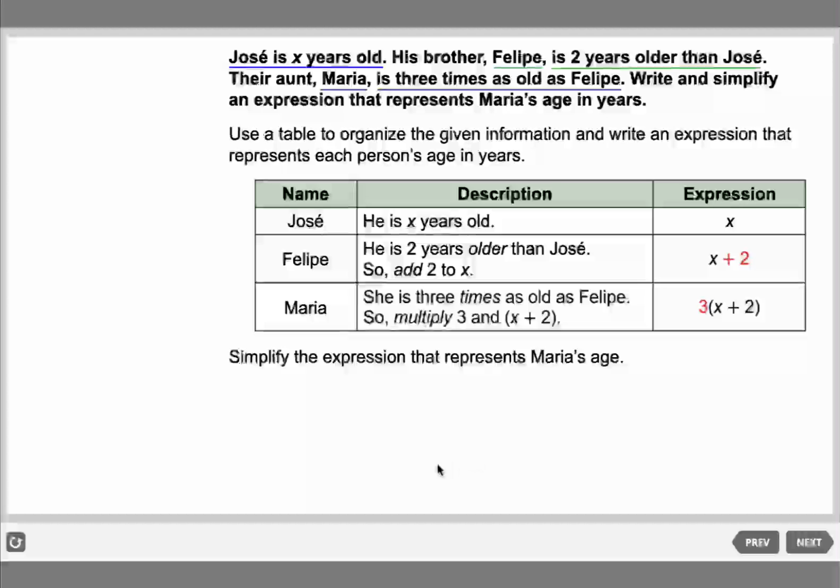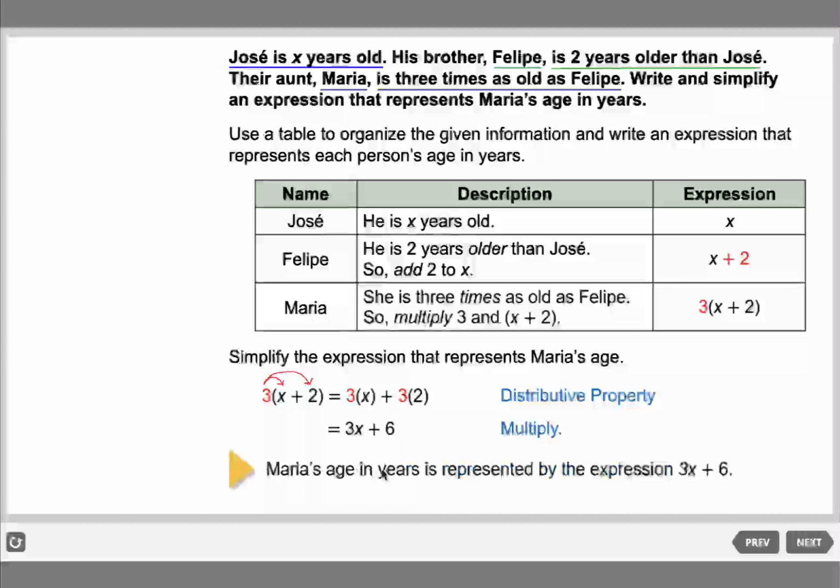We can use the distributive property and multiply 3 by the first term and multiply 3 by the second term. So 3 times x equals 3x, and 3 times 2 equals 6. Maria's age in years is represented by the expression 3x plus 6.